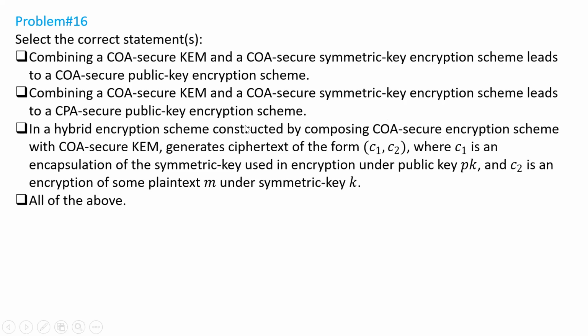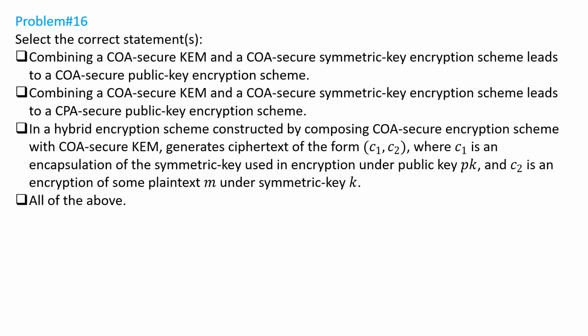Your COA secure KEM first outputs some key K, which is going to be used as the symmetric key for encryption. So key K is chosen randomly and its corresponding encapsulation C1 is generated with respect to public key PK.